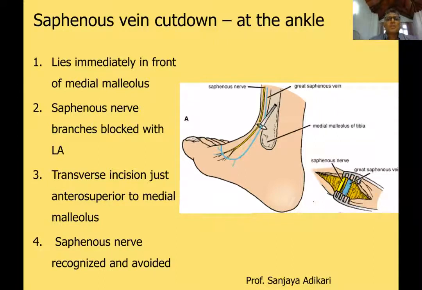You give local anesthetic agent to that area and block the saphenous nerve, then you put an incision and you can identify the saphenous nerve lying immediately in front of the great saphenous vein, and you have to preserve the saphenous nerve. If you damage the saphenous nerve, the patient will later complain of numbness of the medial aspect of the foot. So that is the point that I wanted to raise.